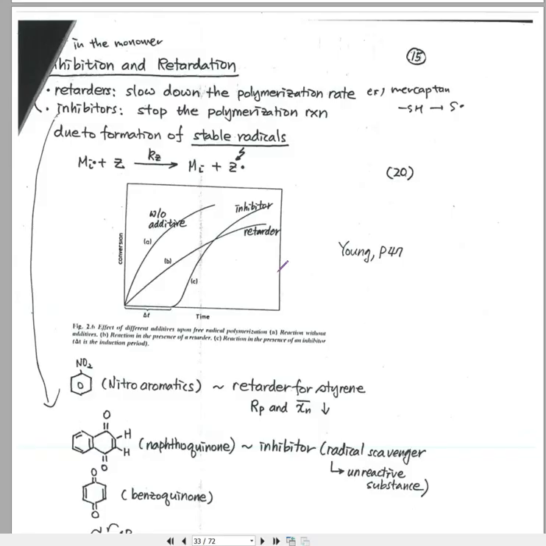In this free radical addition polymerization, we have learned that these free radicals are extremely reactive. So if you just start the reaction, it happens really fast.